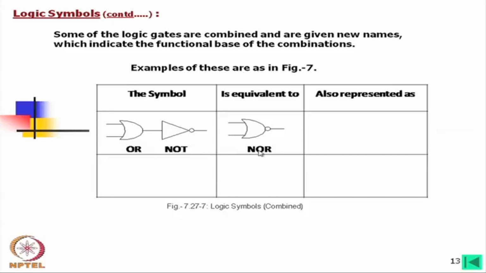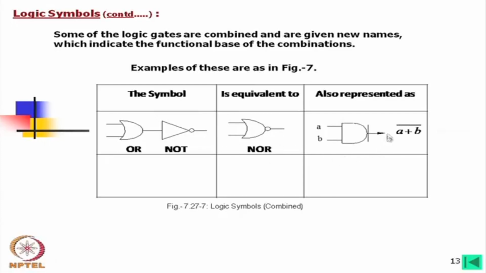But remember, in this device, first the operation will be OR and then NOT of OR. Do not be confused. It is not that you can put them in another sequence to get a NOR device. You have to put them in this sequence. Physically, you can put an OR device and a NOT device and get a NOR, but the NOR device also can be made separately, as we have seen earlier.